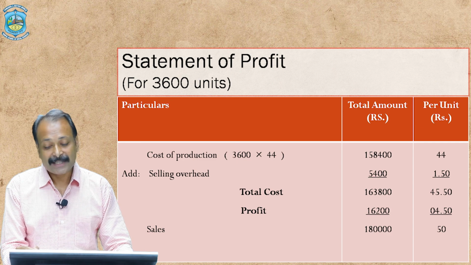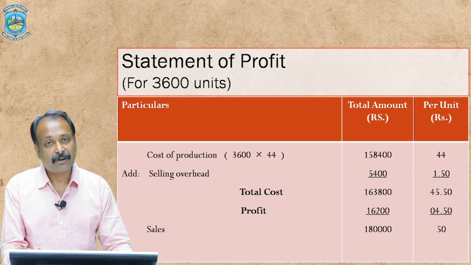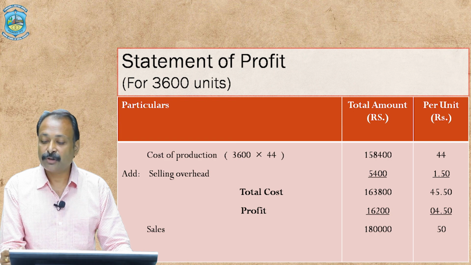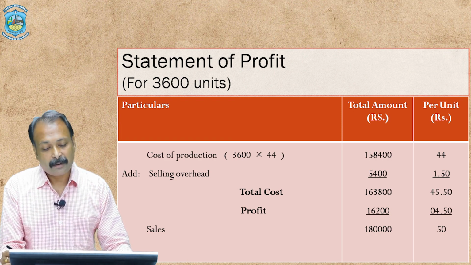The total cost thus calculated is 1,58,400 plus 5,400 for selling expenses, which is 1,63,800 in total, and per unit it is 44 rupees for cost of production and 1 rupee 50 paisa selling overhead. So 44 plus 1.50 is equal to 45 rupees 50 paisa per unit.